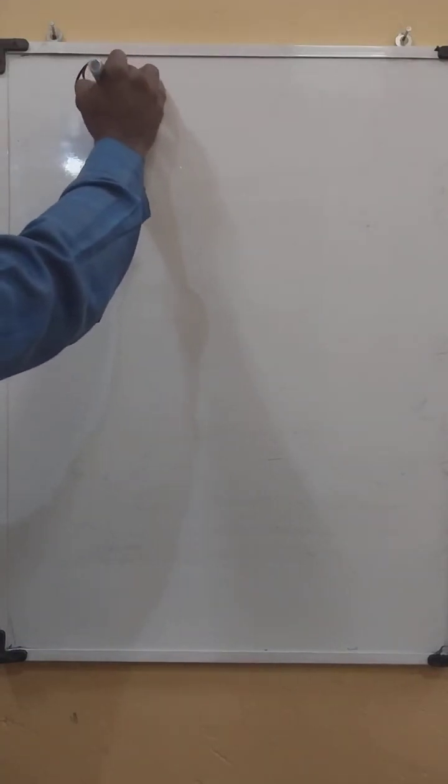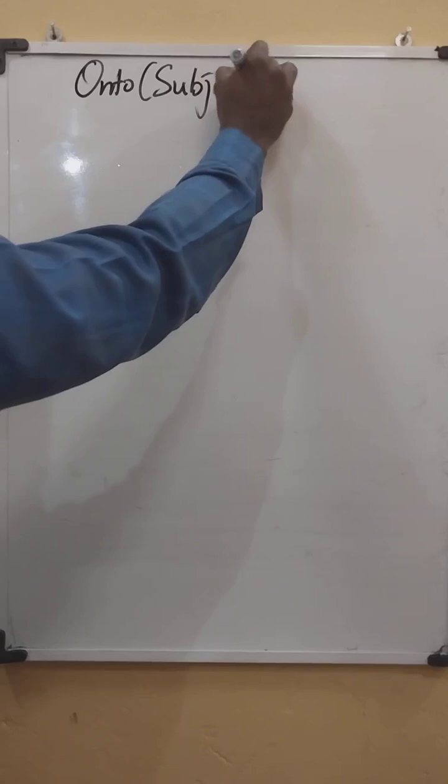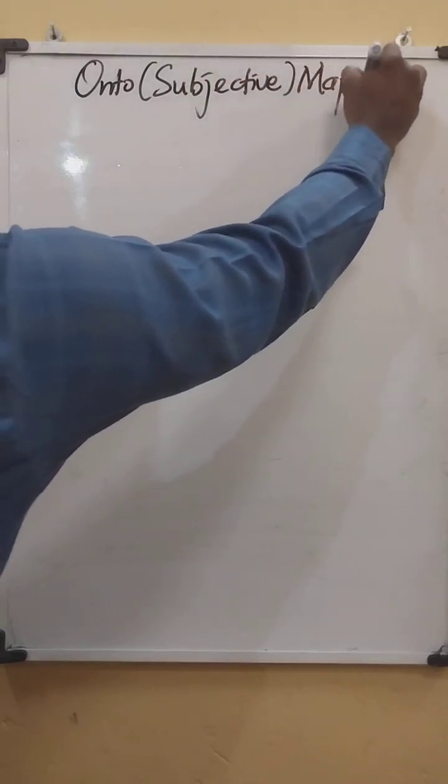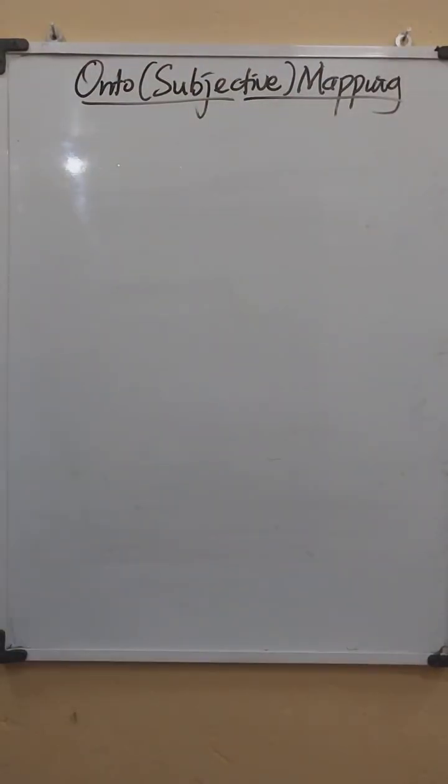All right, so the onto, well, we have surjective. The surjective or the onto mapping is that type of mapping where every element in the codomain is at least an image of an element in the domain.